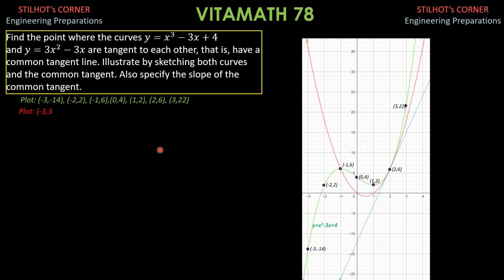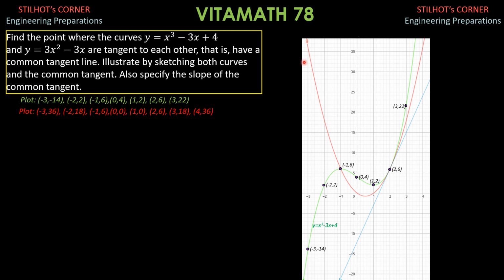And for the red curve, negative 3 comma 36, all you have to do is substitute negative 3, then it will generate these points. In your calculator mode table, define this function. Start negative 3 and end 4, step is 1, then it will automatically generate these points.